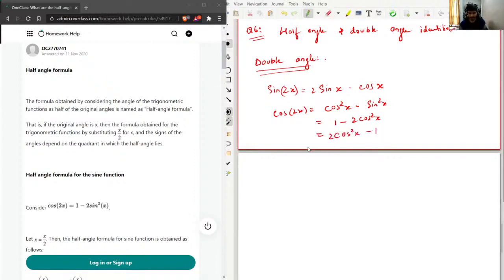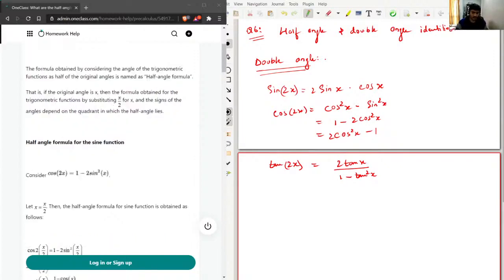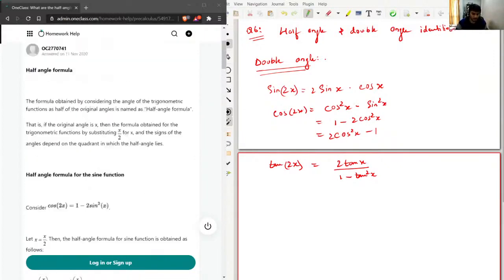For tangent we have tangent 2x is 2 times tangent x over 1 minus tangent square of x. Now obviously we have derivations for sine 2x, cosine 2x, and tangent 2x, which you can clearly see in this solution also.